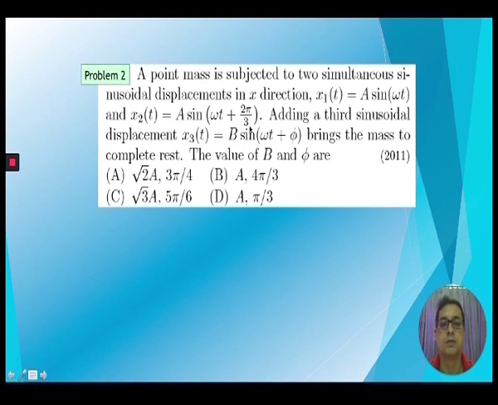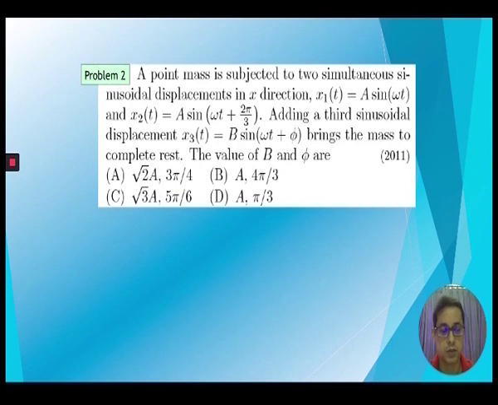And then if you add another sinusoidal displacement, that means if you apply another force, it results in a displacement that will lead to the cancellation of all this, and the particle will come to a halt, complete rest.